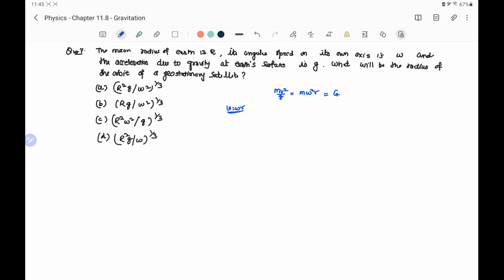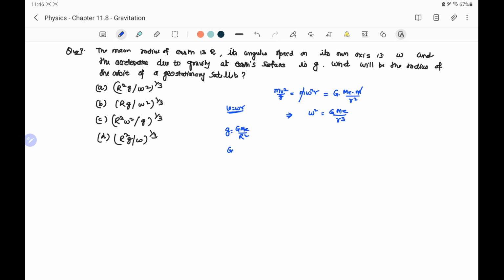This is G into mass of Earth into mass of satellite divided by the square of the distance between the Earth and satellite. So we can say that m and m get cancelled. Therefore, omega square is equal to G M_e by r cube. Using the formula of acceleration due to gravity, g is equal to G M_e by R square, where R is the radius of Earth.